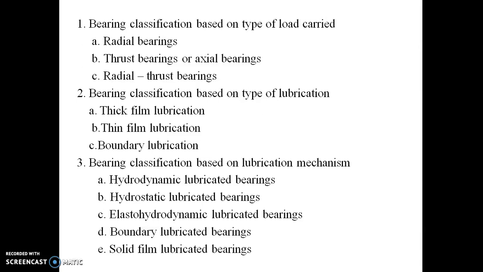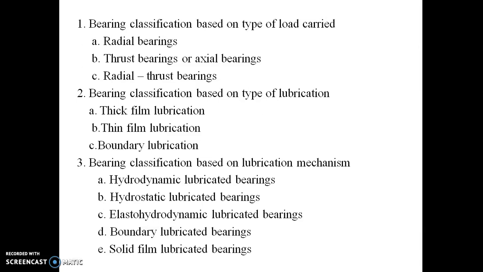The third one, elasto-hydrodynamic lubricated bearing. It is the type of hydrodynamic bearing in which lubricant is introduced between the surfaces which are in rolling contact. For example, mating gears and the rolling bearing. Fourth one is boundary lubrication. In this type of hydrodynamic lubrication, the thickness is reduced to be very thin.